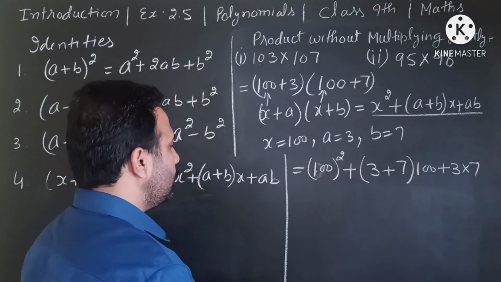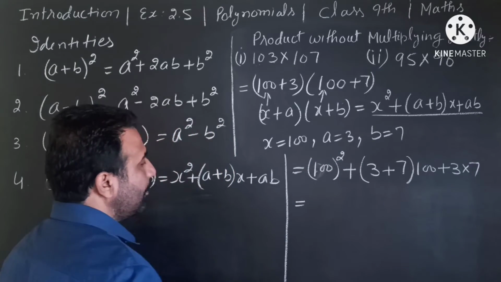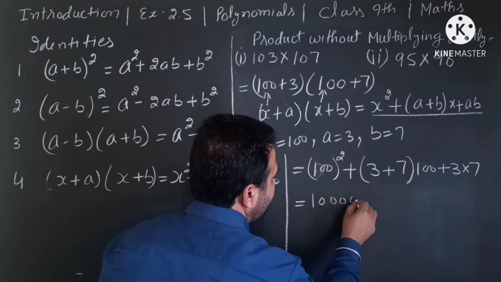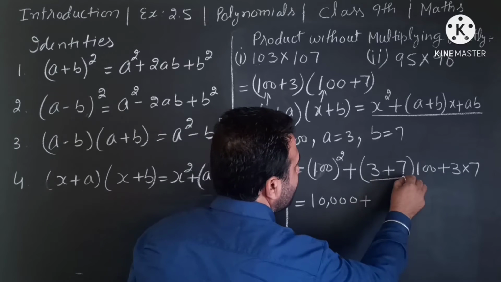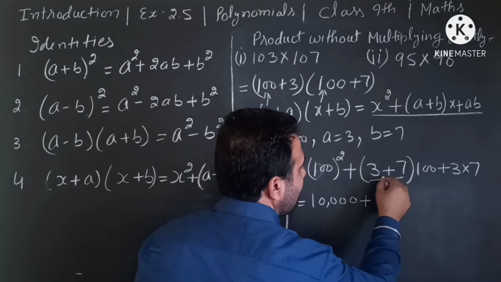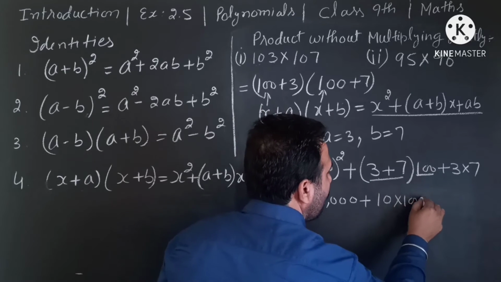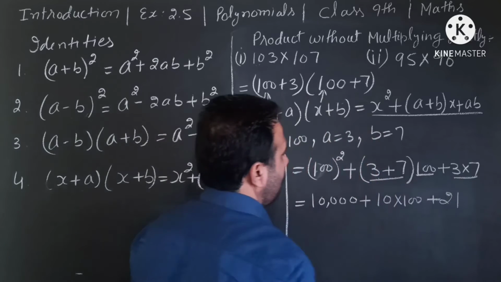So now we will solve this number. 100 power 2, 100 multiply 100, it will be 10,000. Okay, so now 7 plus 3, that is 10, 7 plus 3 is 10 and multiply by 100. Okay, plus 3 times 7 is 21.